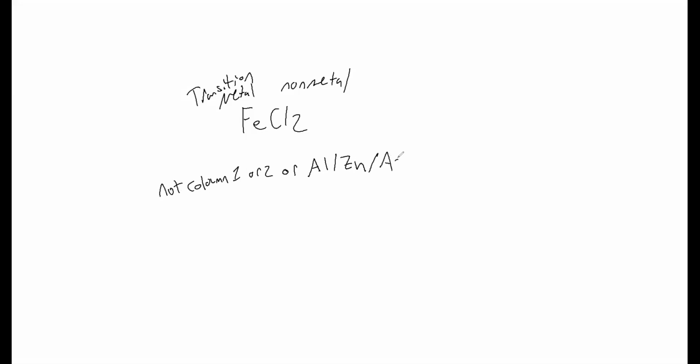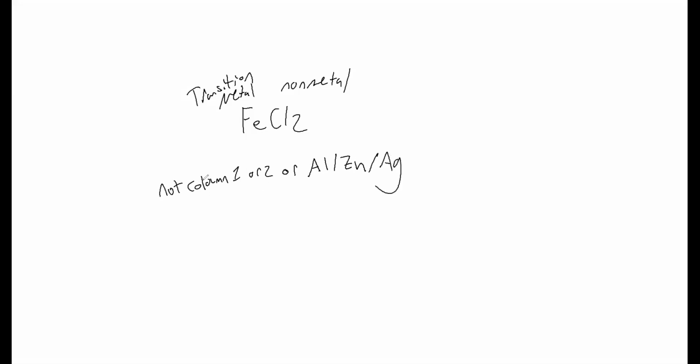So for naming, first off, you have to notice that this is an ionic compound. So this is a metal, this is a non-metal. And for ionic compounds, there are different naming schemes we use to name the compound. If it's a transition metal, and a transition metal is not column 1 or 2, or Al, zinc, or silver.